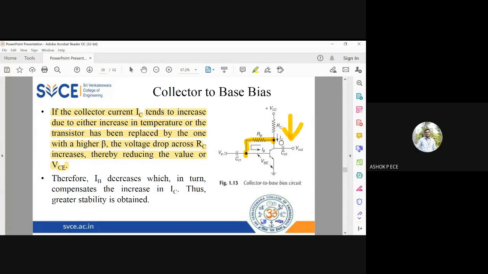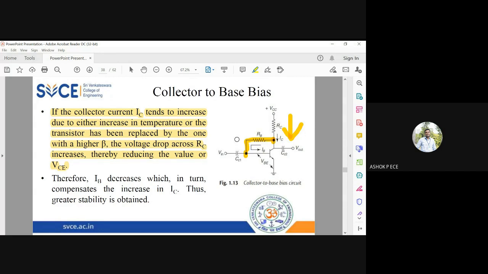Whatever variation in IC you have, you will have an opposite variation in IB, because you see here the current is splitting. If IC is going to increase, more current will be entering your collector, so definitely IB will reduce. When IB is reducing, IC will reduce, because IC equals beta into IB, right? So if IB is reducing, IC will also reduce.